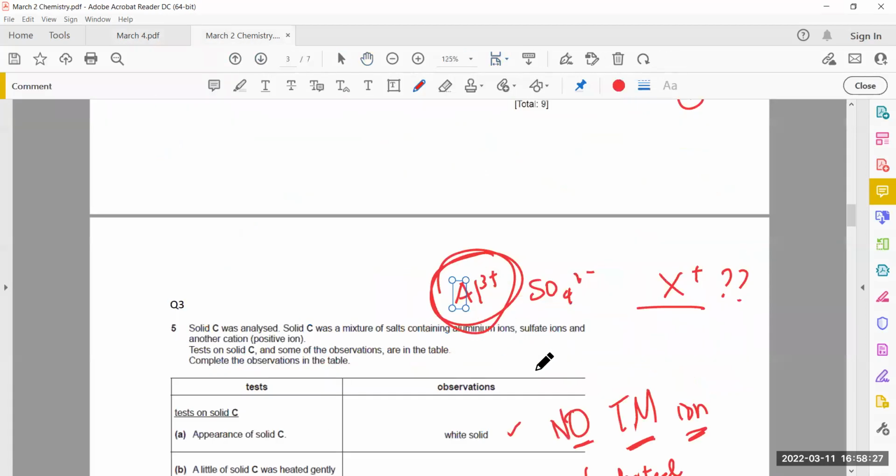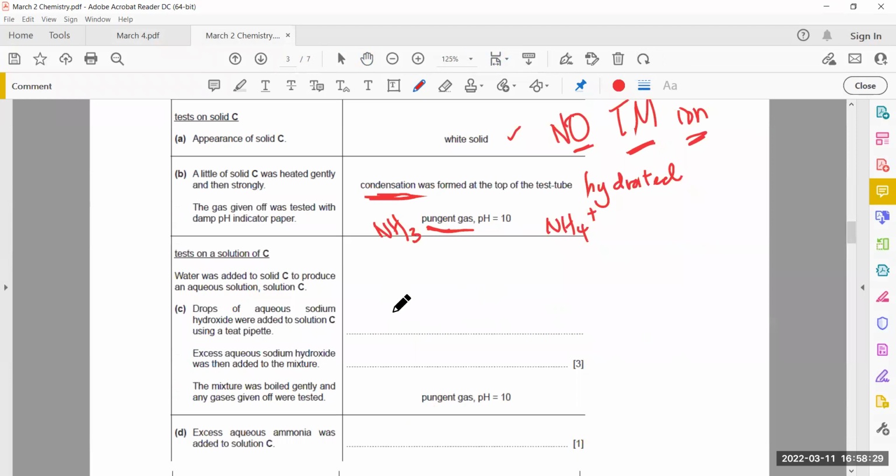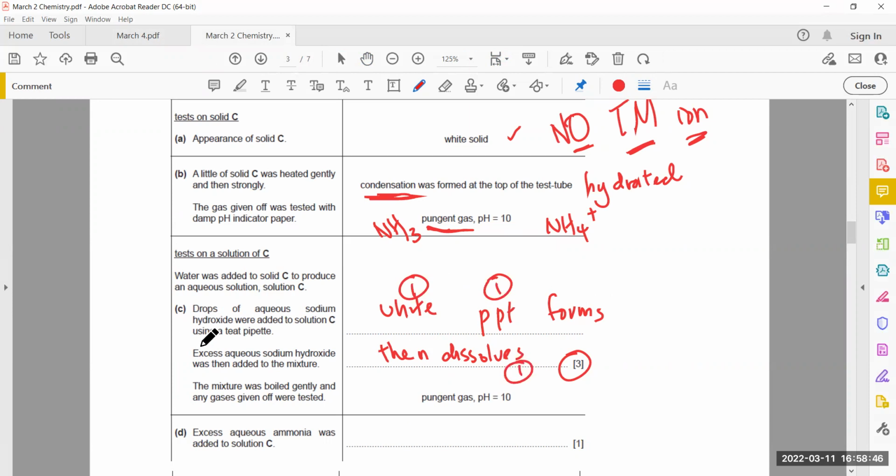Correct? Okay. So white precipitate forms, then dissolves. 3 marks. White, 1 mark. Precipitate, 1 mark. Dissolves, 1 mark.